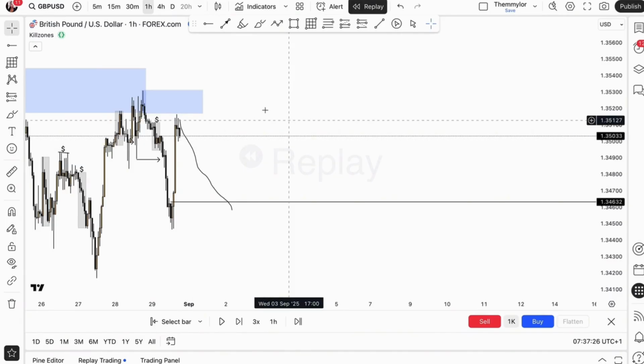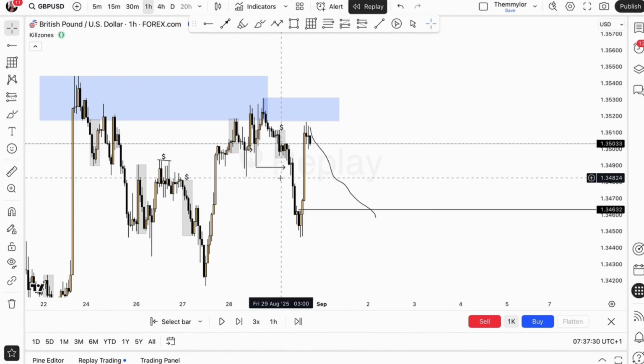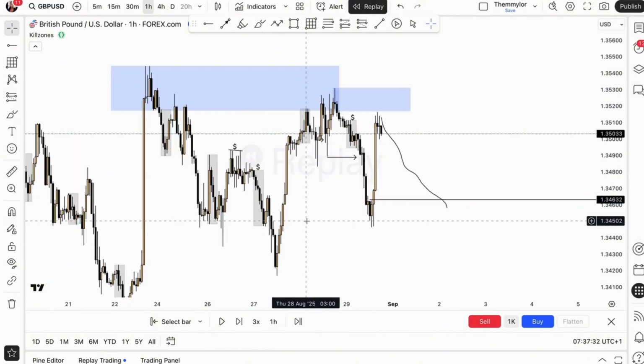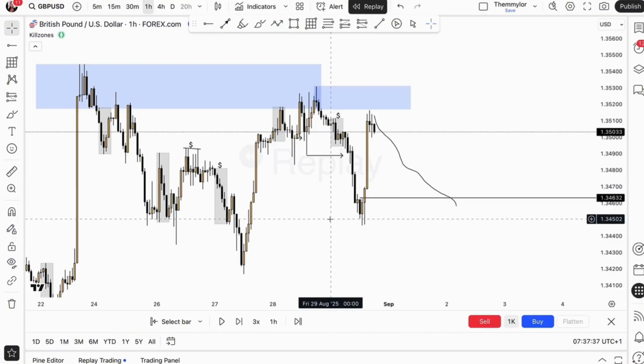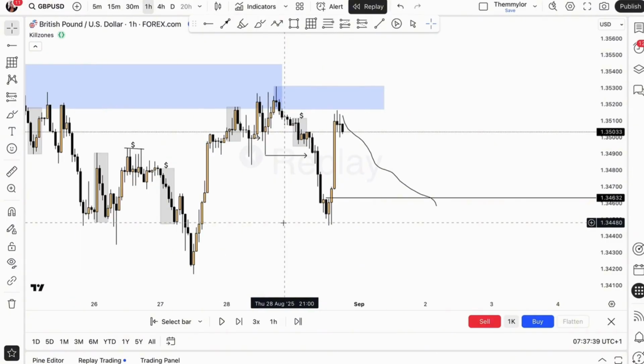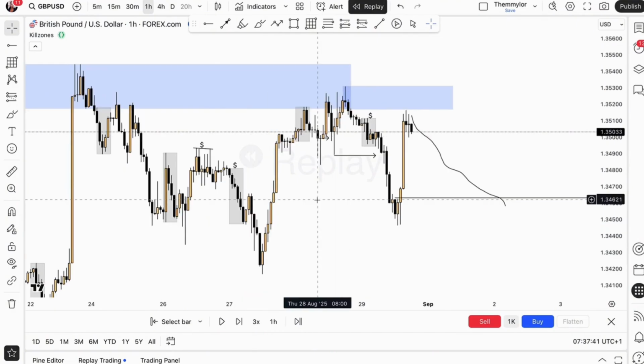So that is it for the sell trade that I took on Thursday Friday. I got about 48 or 50 pips thereabout from this particular sell trade.